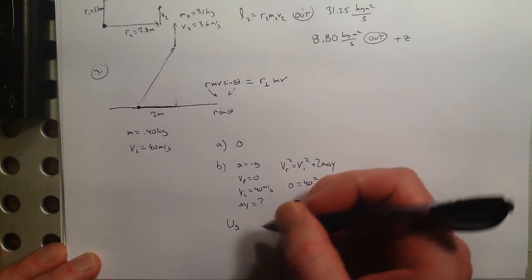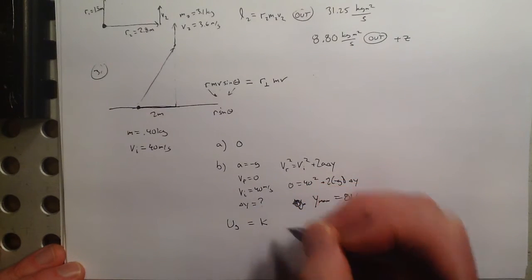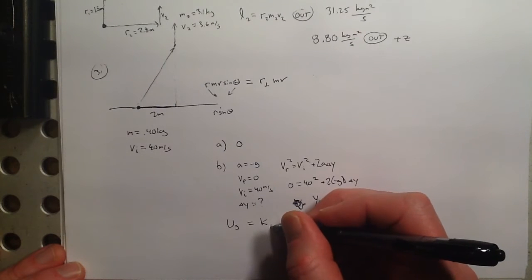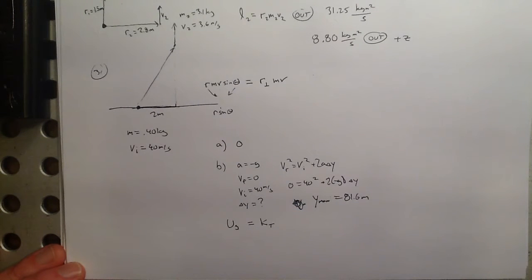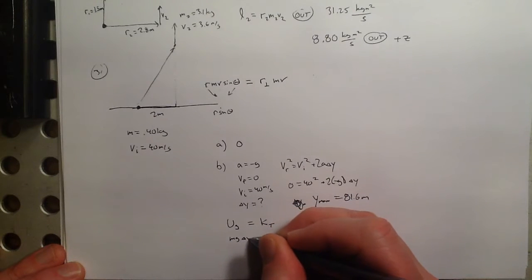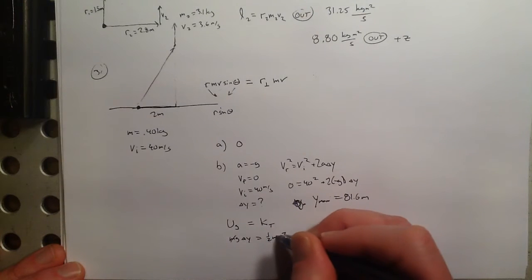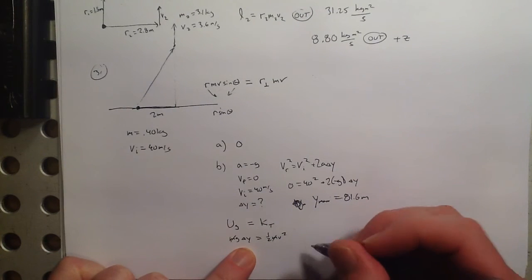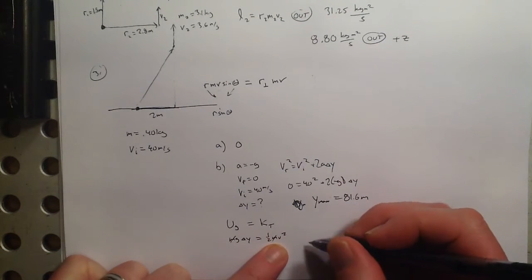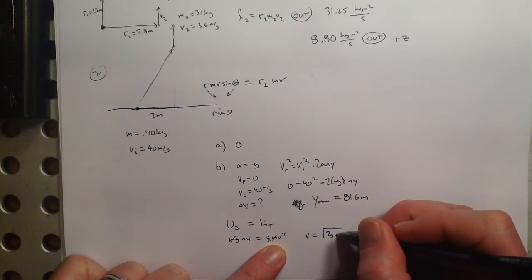So I'll show you both ways. And then how much kinetic energy does it have? Since we have two kinds, this is just translational, right? So it's mg delta y is equal to 1/2 mv squared. So if you want to know what the v is, it's the square root of 2g delta y.